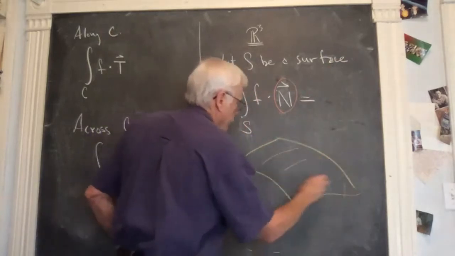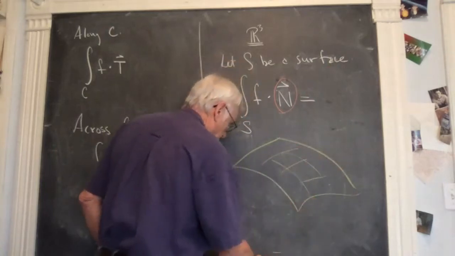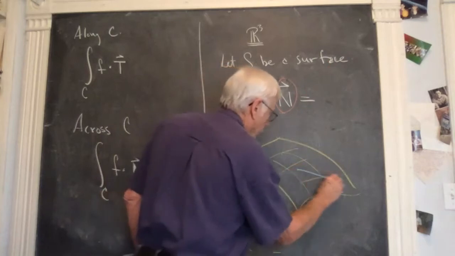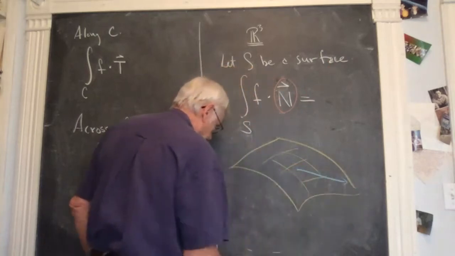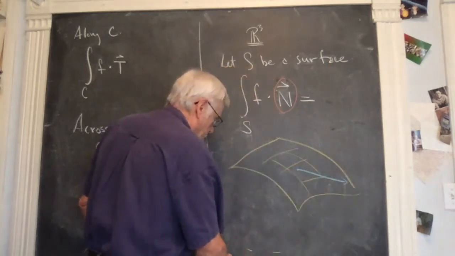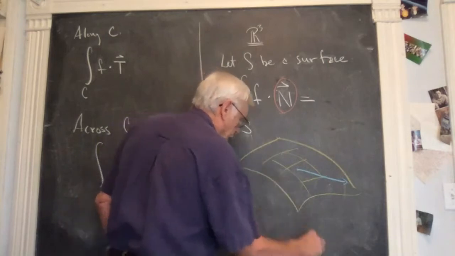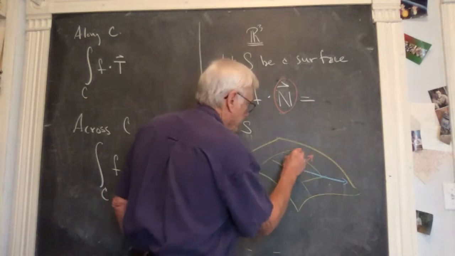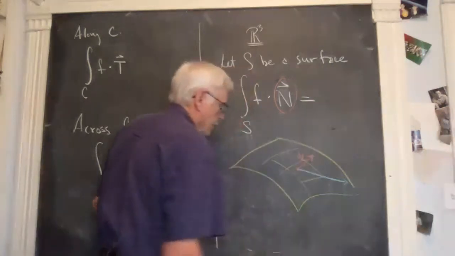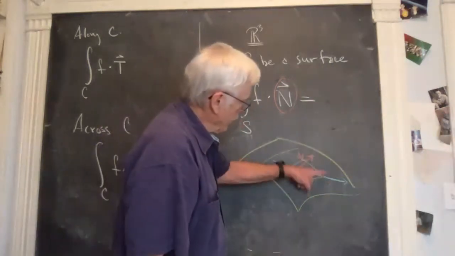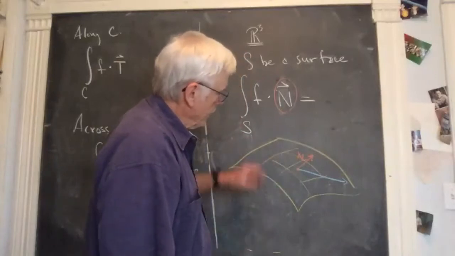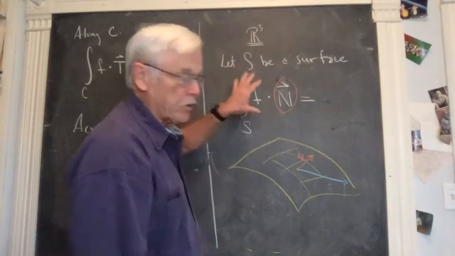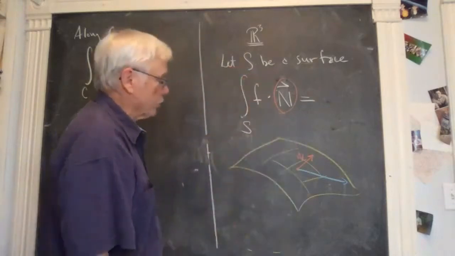If we take a surface here in 3 space, and we have a vector field at every point, in particular every point of the surface, this surface at every point does have a well-defined normal vector. So we could project this onto the normal vector and integrate that on the surface. And in fact, that is what is called a surface integral of a vector field.